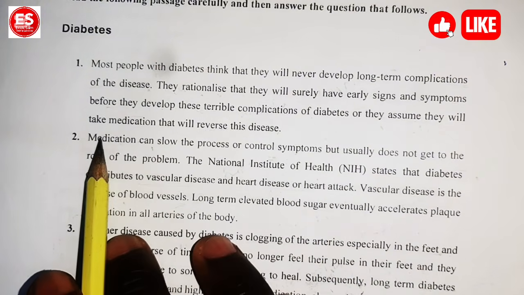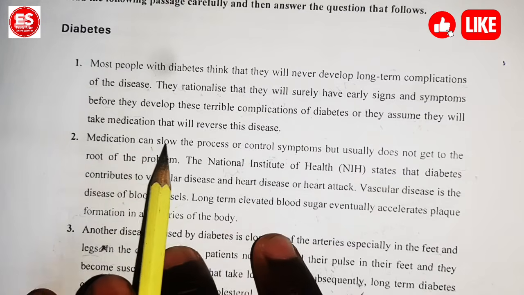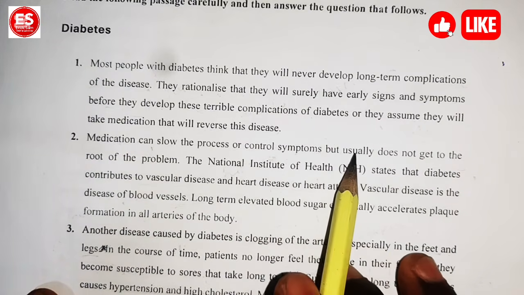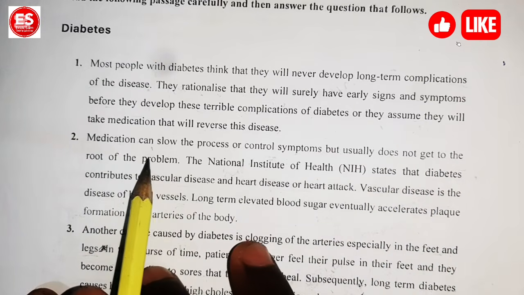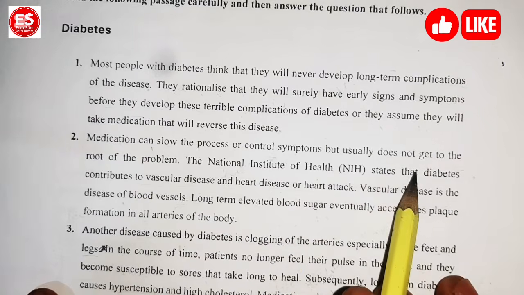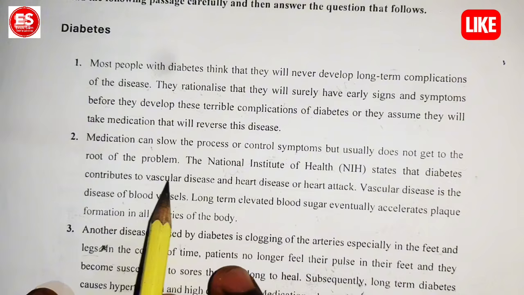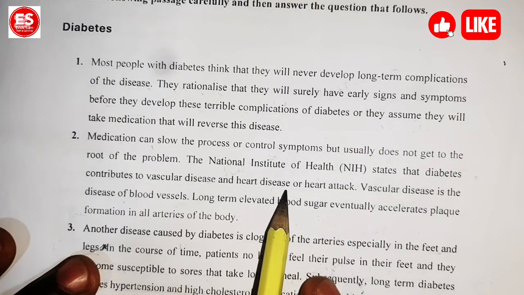Now let's go to paragraph 2. They are saying medication can slow the process and or control symptoms, but surely does not get to the root of the problem. The National Institute of Health states that diabetes contributes to vascular disease and heart disease or heart attack.